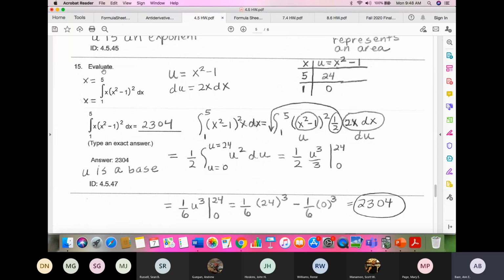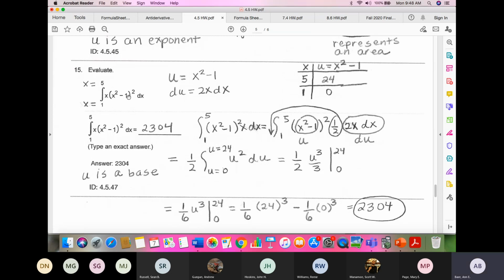We want to evaluate, which means find the value of, this integral of x times (x squared minus 1) all squared dx from 1 to 5, from x equals 1 to x equals 5.